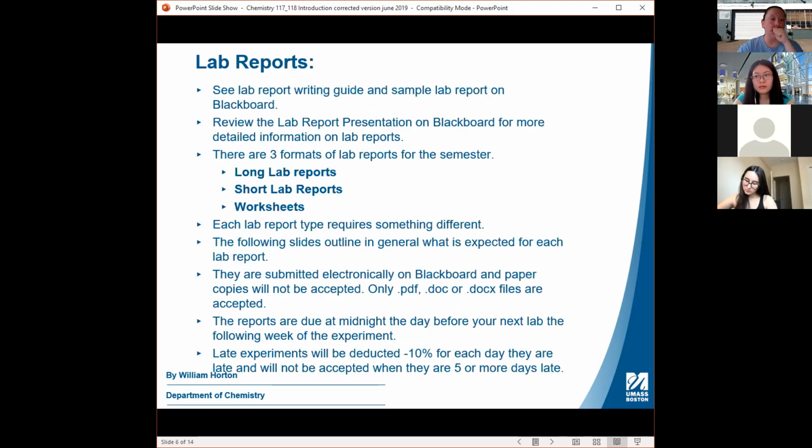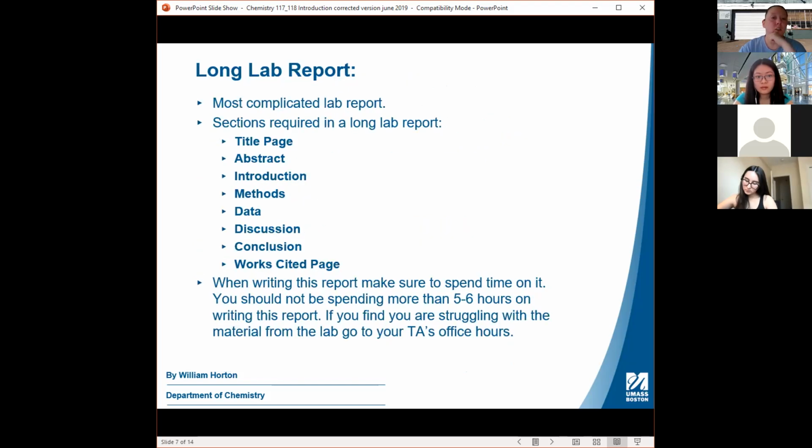So real quick, let's talk about how much time you should be spending on the long lab report. If you completed all of the data in your lab notebook, or if you are following along on your computer and doing it on your computer already, that might be preferred because that will save you some time. But the actual writing part should not take more than 5 to 6 hours.